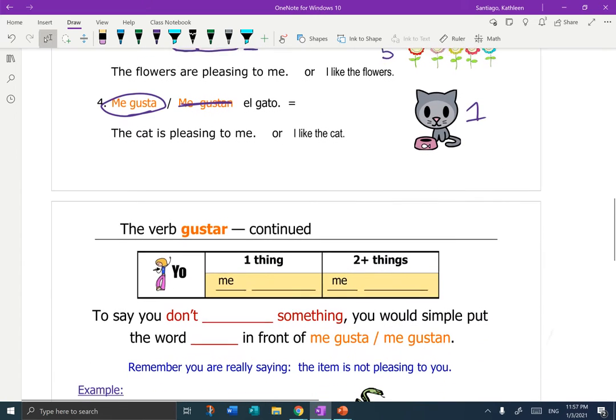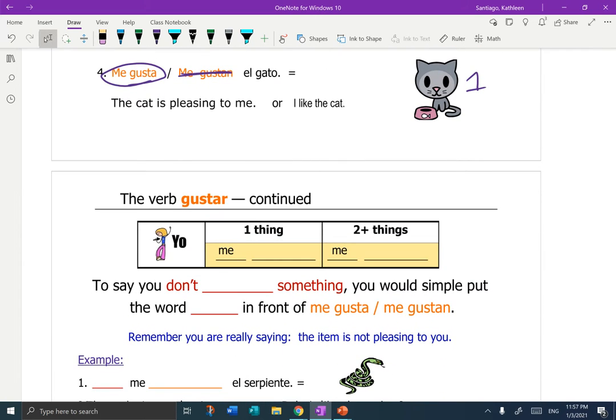Let's continue on. Okay, again, when you're talking about yourself and it's one thing, you would say me gusta. When it's 2 or more items, me gustan. Just a note, to say that you don't like something, it's actually very simple.